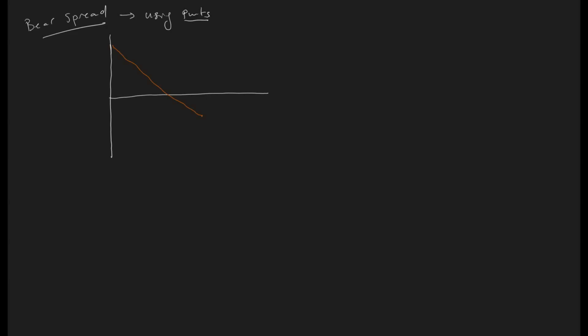So we're going to do the long put here, and that will be our strike price K2. And our short put is going to have a strike price of K1, which is going to be smaller. So we draw our short put something like this, and this is going to be our strike price K1.